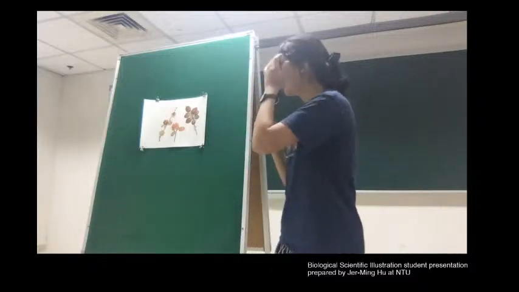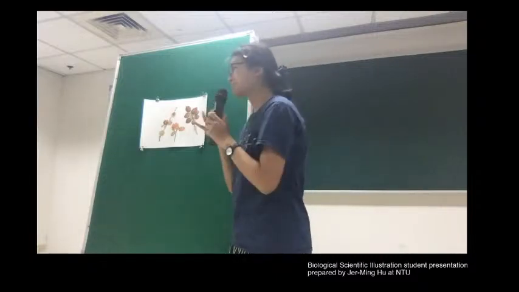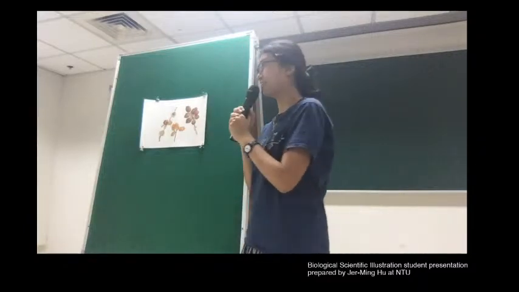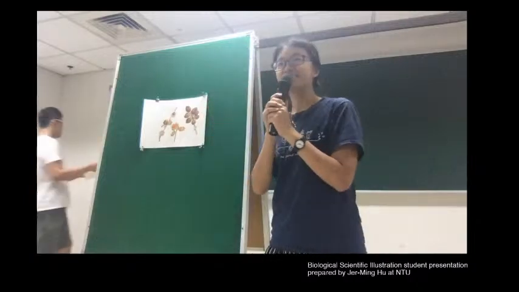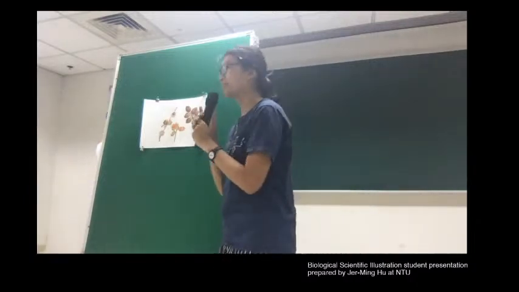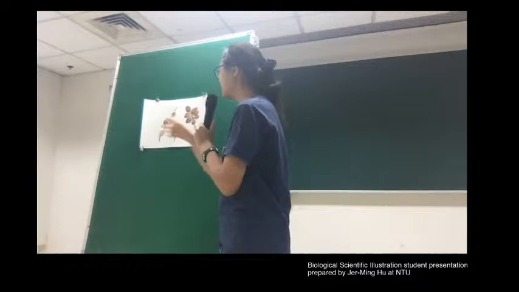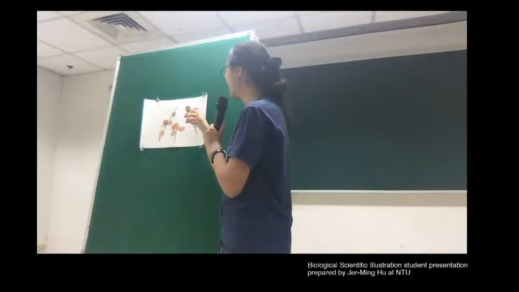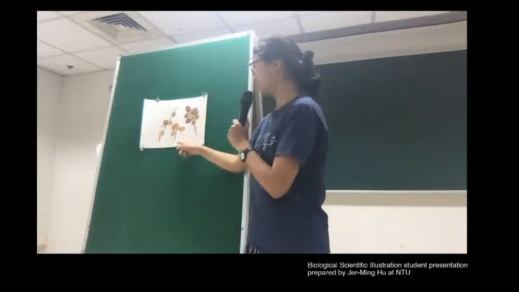Okay, hello, my name is Tai Yixing, and what I drew is 3 genera of Fagaceae in Taiwan. There are 4 genera of Fagaceae in Taiwan: Fagus, Castanopsis, Lithocarpus, and Quercus.